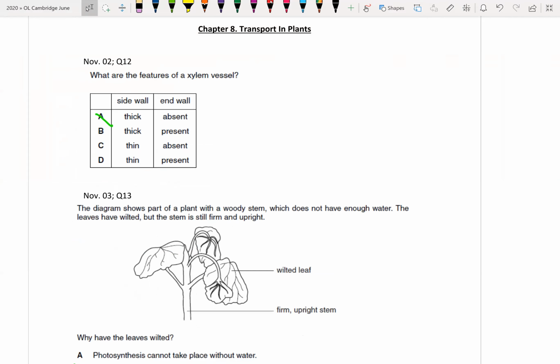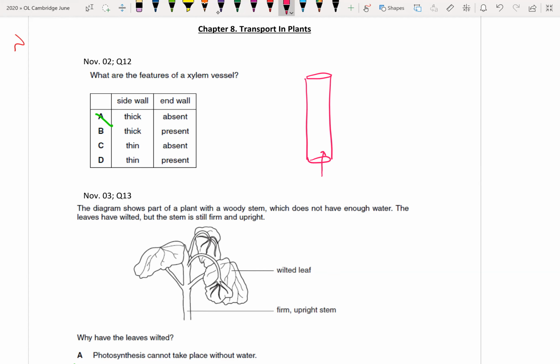What are the features of a xylem vessel? We know that in our xylem vessel all the contents have been removed, because the xylem does two functions: transport and support. In order to be able to do both, the contents have been removed. So we have no cell contents and no cell end walls.